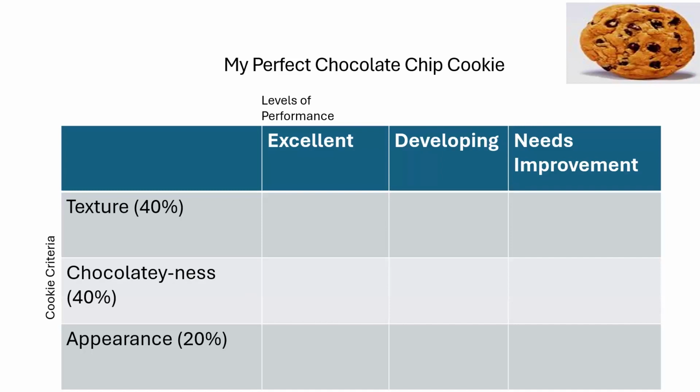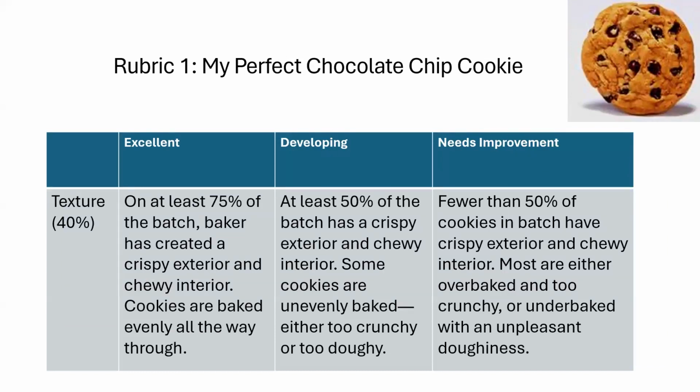Okay, so when we're creating these rubrics and we've got these criteria, these are the 3 things that I'm looking for in my cookie. And now I need to think about what excellent looks like for each of those. So then we just start filling in that rubric. Usually it's easiest to start with what excellent looks like and then work your way down from there.